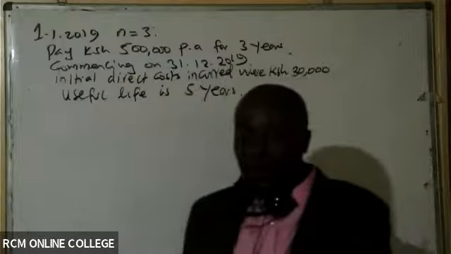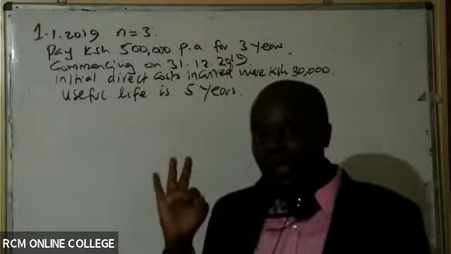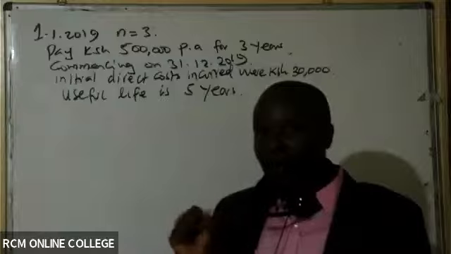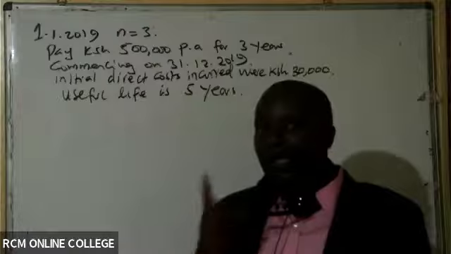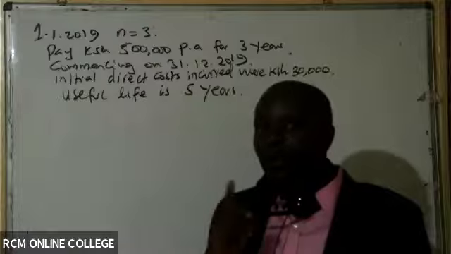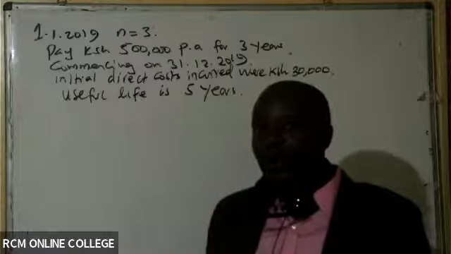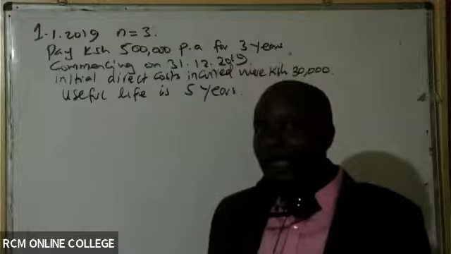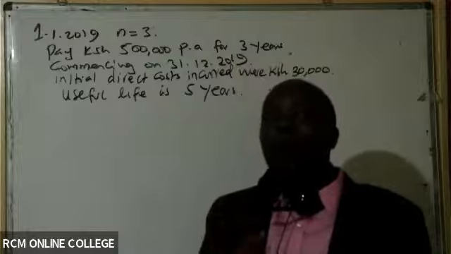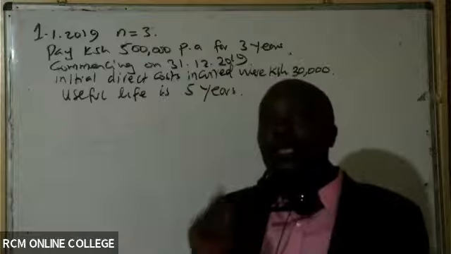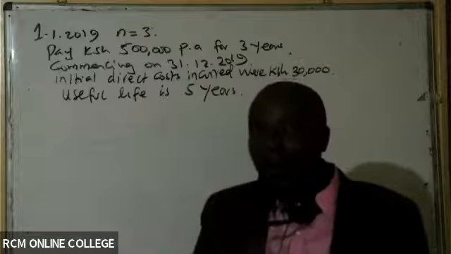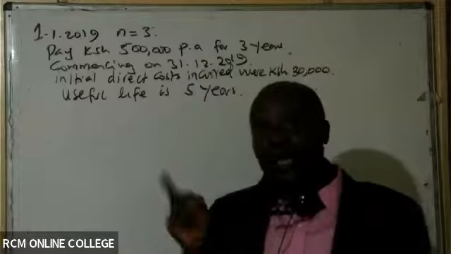So you can see, ladies and gentlemen, the lease life is 3 years and the useful life of the asset is 5 years. Between the two, which do I use for depreciating this leased asset? The lower. So the depreciation lifespan will be 3 years here.